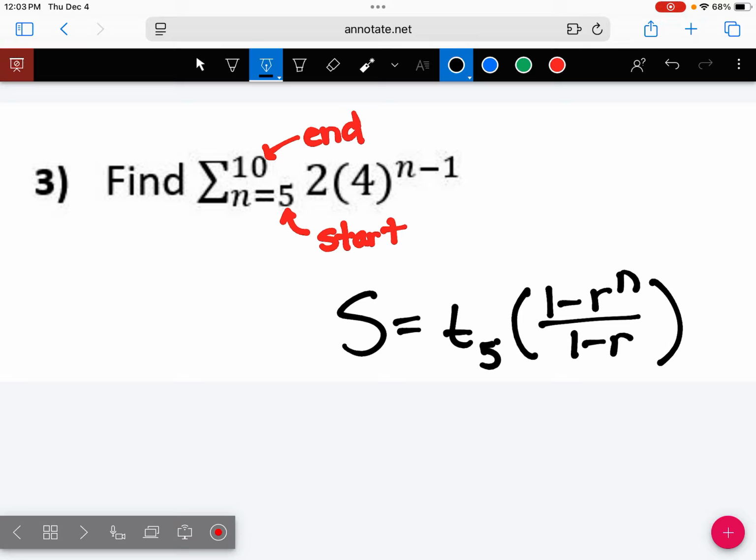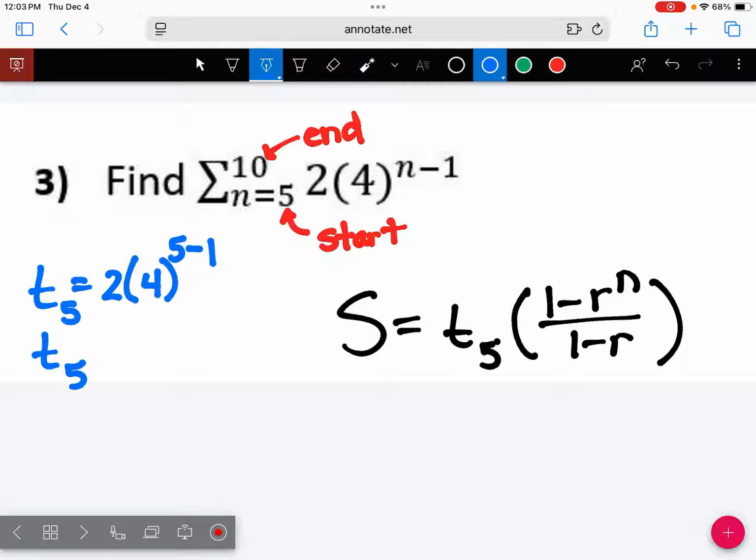All right, so let's figure out what T5 is first. So T5 is going to be 2 times 4 to the power of 5 minus 1. So I'm going to give you a second. Figure out what is T5. Type that in your calculator.